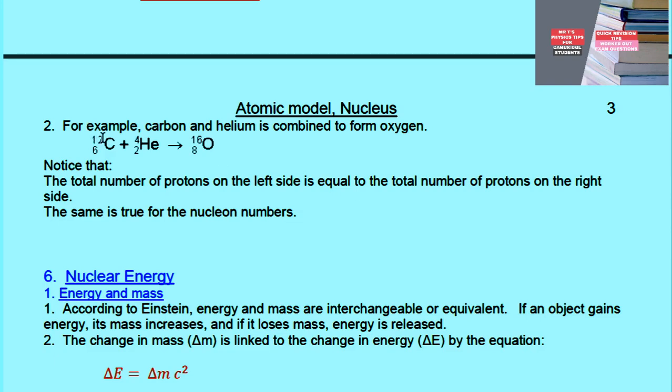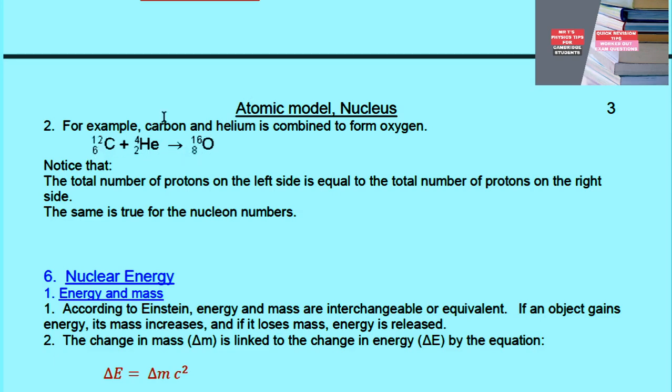So we've got carbon, which is 12 nucleons and 6 protons, add helium, which has 4 nucleons and 2 protons, to give you oxygen 16, which is 16 nucleons and 8 protons. So if you add the top numbers, 12 plus 4 gives you 16. Add the bottom numbers, 6 plus 2 equals 8.